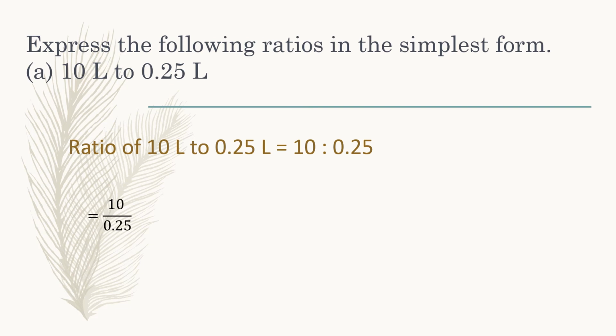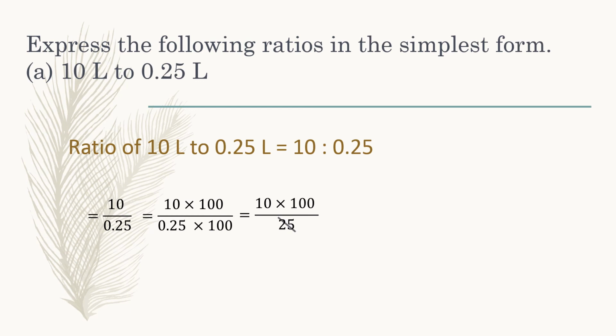Let us change 0.25 into a whole number. See, 0.25 has two digits after the decimal. So we multiply the numerator and denominator by the same number 100. If we multiply 0.25 by 100, the decimal point shifts 2 places to the right.